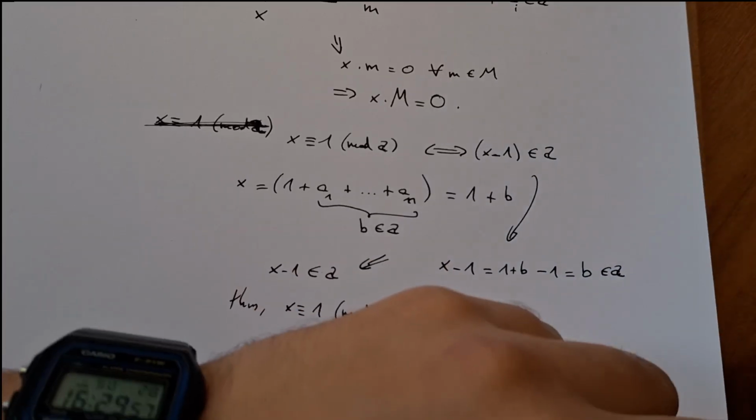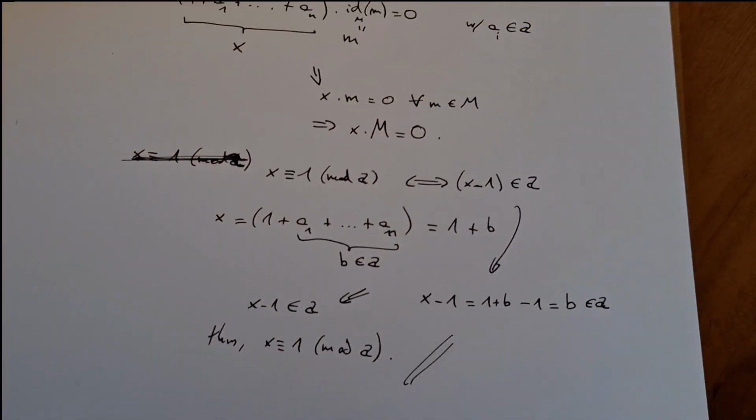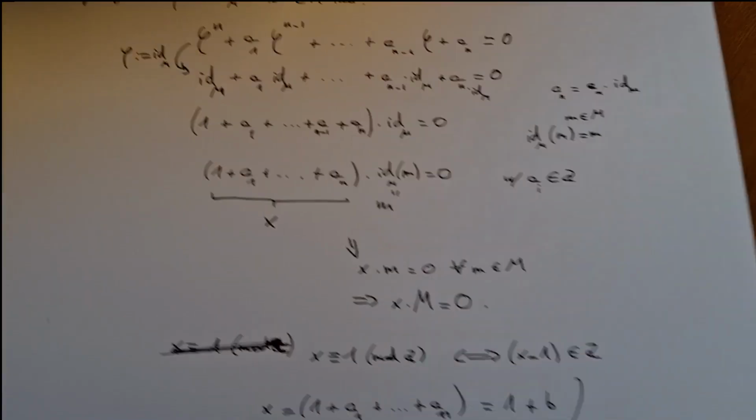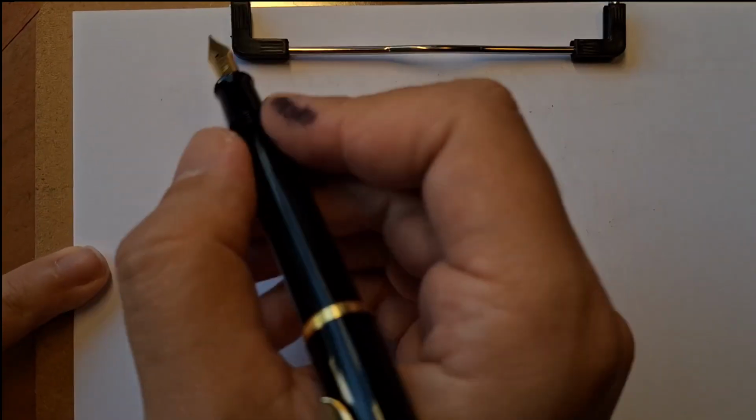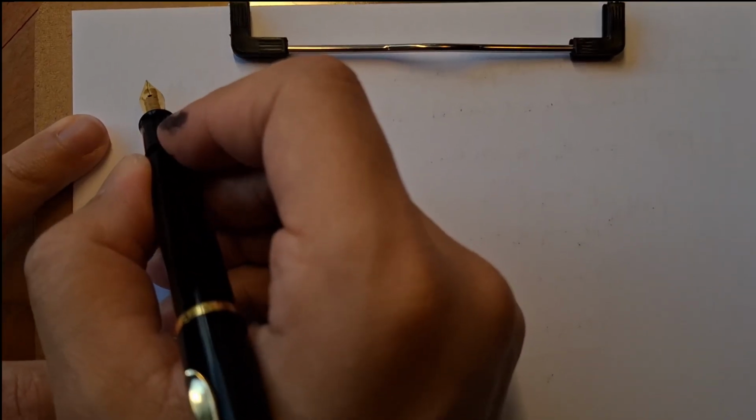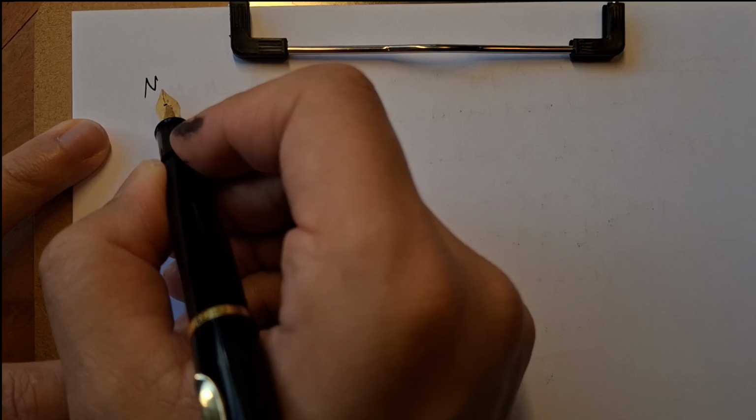Now, the next thing that comes naturally after this is what's called the Nakayama theorem. Let's see what it's about. Sorry, Nakayama's lemma.